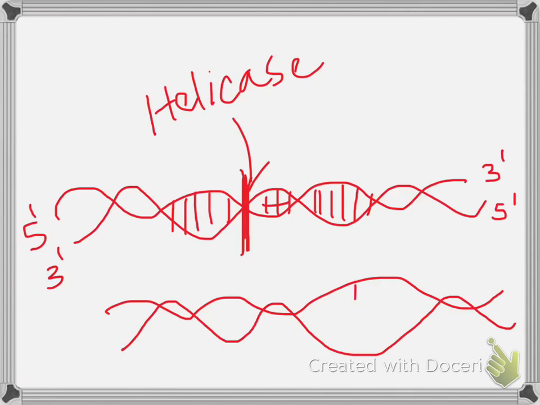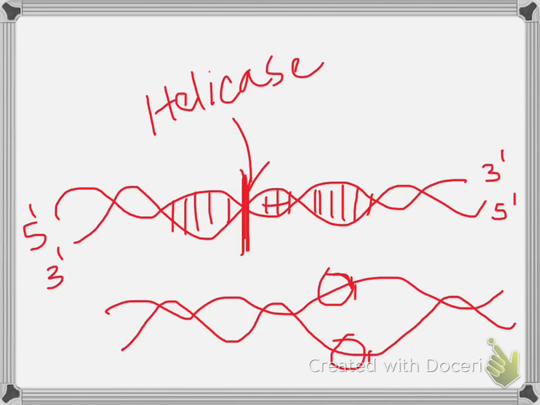So here the helicase binds, the hydrogen bonds in the DNA are broken down by the helicase, and the DNA becomes unwound. Now the SSB protein, that is single strand binding protein, binds to each strand of the DNA.